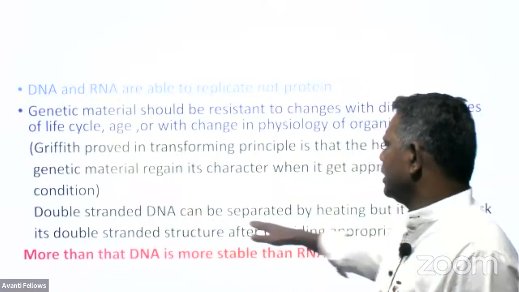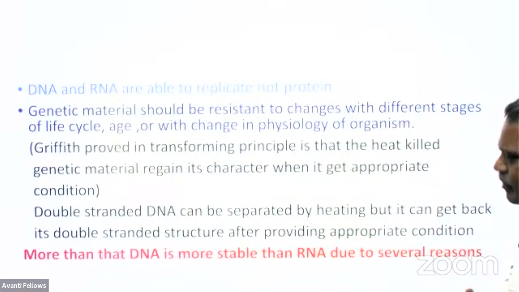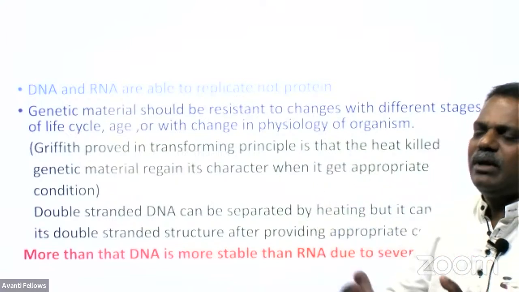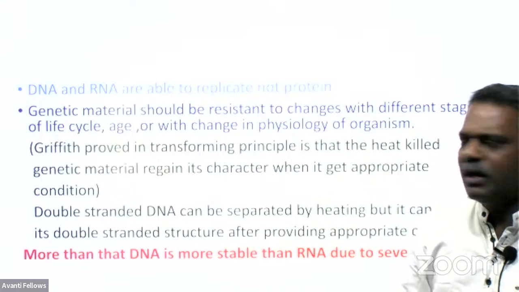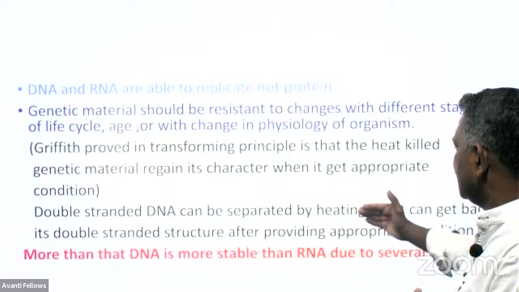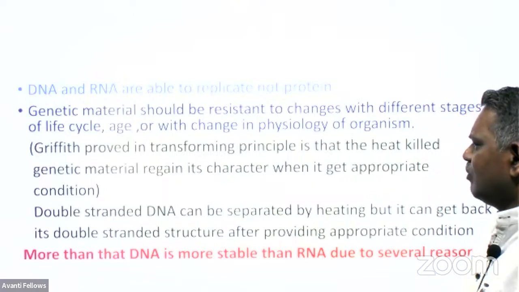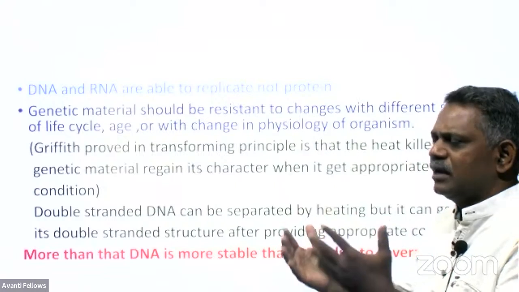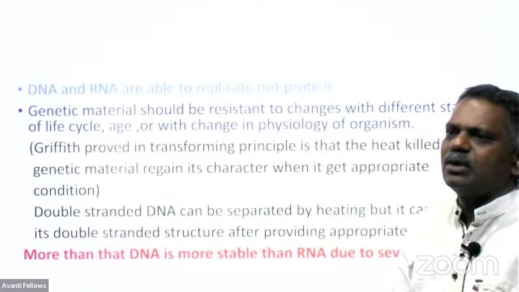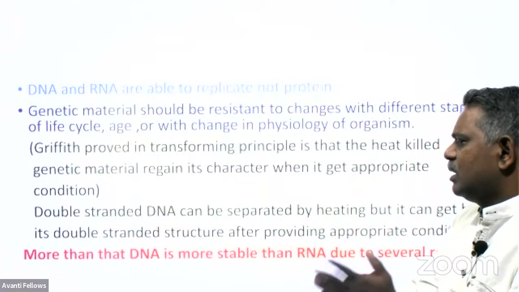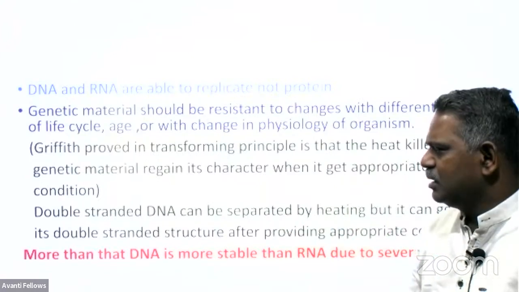And double-stranded DNA can be separated by heating. I told you that hydrogen bonds are there between the double strands of the DNA. They can be broken by using heat energy. But whenever the separated DNA strands get the suitable condition and temperature, again they get the double-stranded structure back.